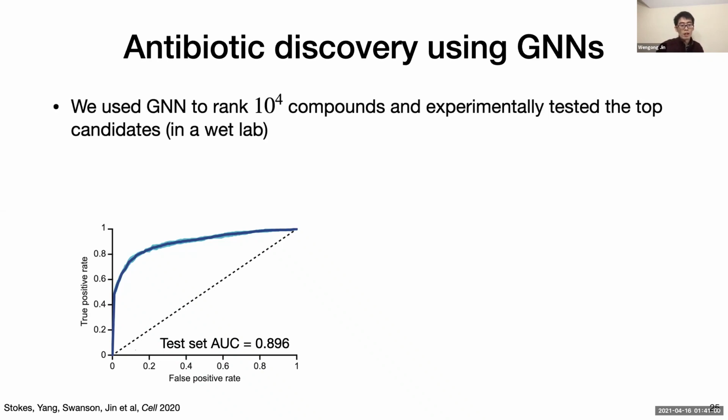After we finished the model training and testing, we used it to rank around 10,000 compounds. It's not big. It's coming from the Broad Drug Repurposing Hub, where these molecules are already drugs, but they're used in other contexts, not as antibiotics. So we ranked these compounds to see whether we can repurpose these drugs for use as antibiotics.